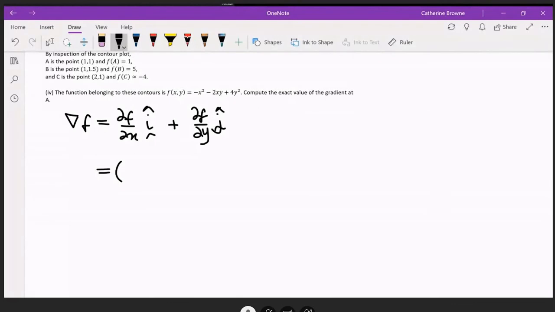If we differentiate that function with respect to x, we get minus 2x minus 2y, sorry. And there's no x in the last term, so that just goes to 0. Then when we differentiate with respect to y, there's no y in the first term, so that doesn't do anything. We get minus 2x plus 8y, j.